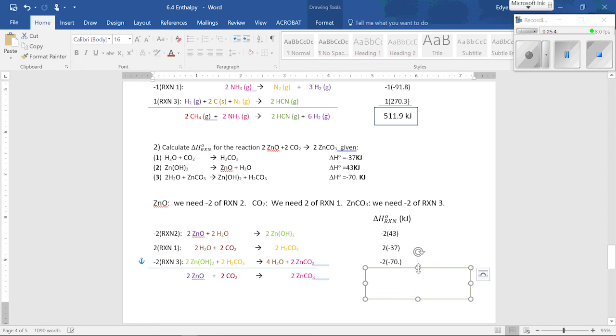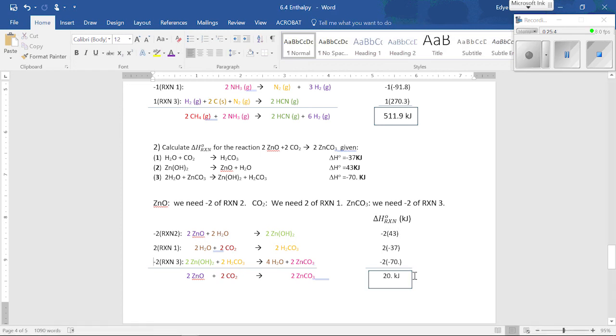And I sum these all up to get positive 20 kilojoules. And I was looking for the heat of reaction for this reaction. When I sum all of these up, I actually get that. And right here, I see the heat of reaction for this reaction will be 20 kilojoules.